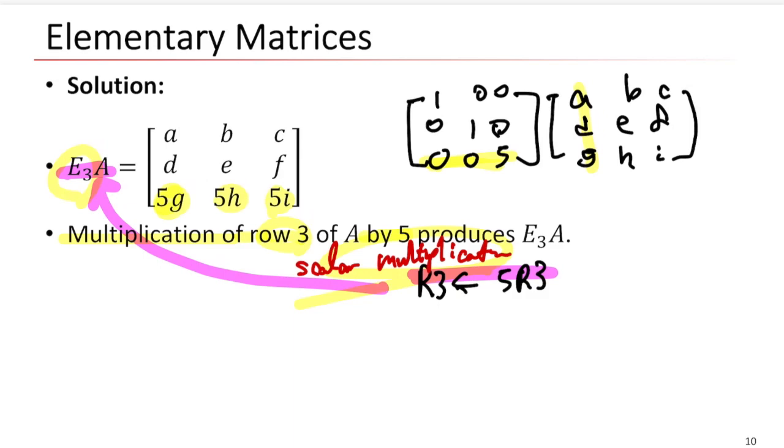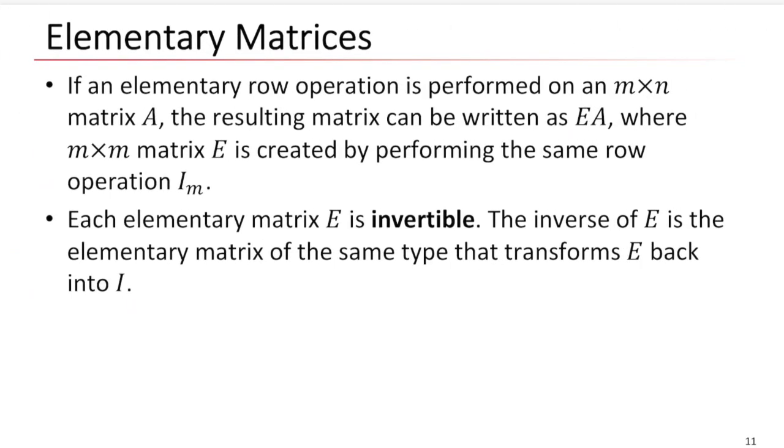Okay, so this is the elementary matrix. Okay, so an elementary row operation is performed on the m by n matrix A. The resulting matrix can be represented as EA, where the m by m matrix E is created by performing the same row operation on Im.